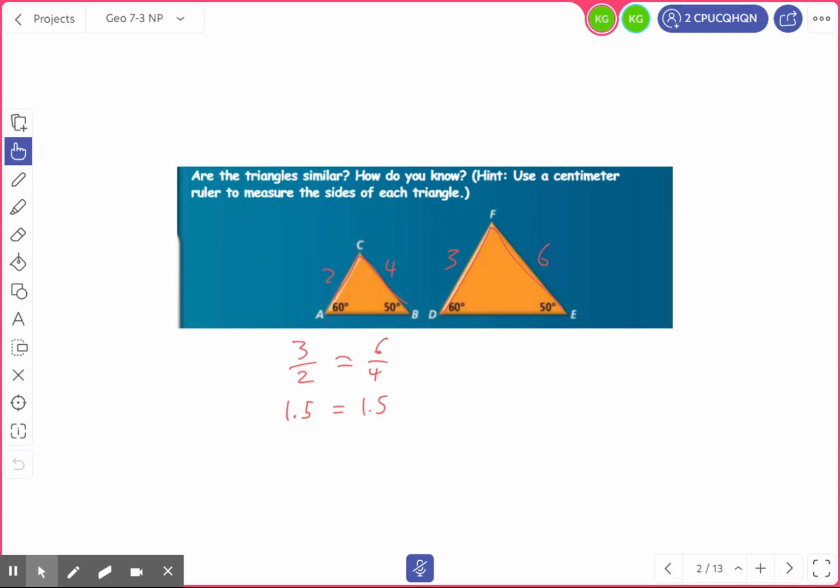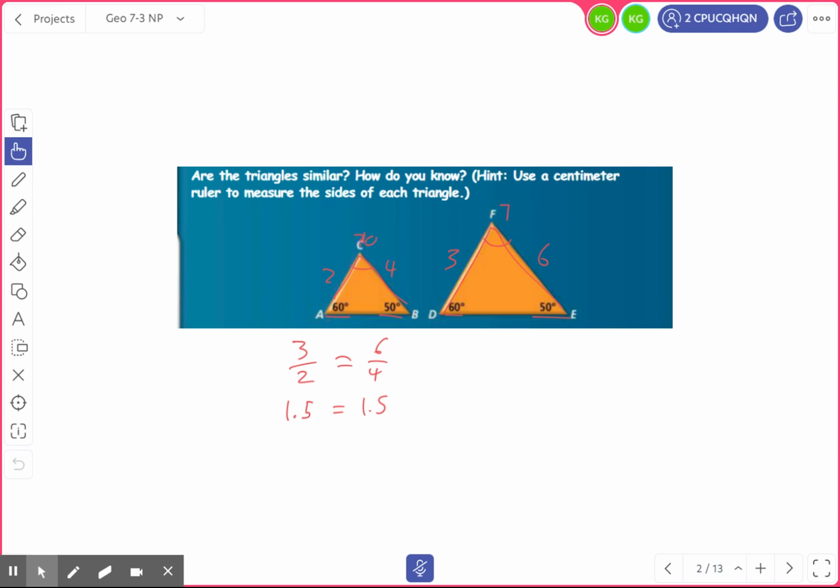And if all the angles are the same, which in this case they are, then you would know that the triangles are similar. So how do we know all the angles are the same? Well, if 2 of the angles are the same, the third angle has to make them add up to 180. So that has to be the same. In this first case, it would have to be 70.